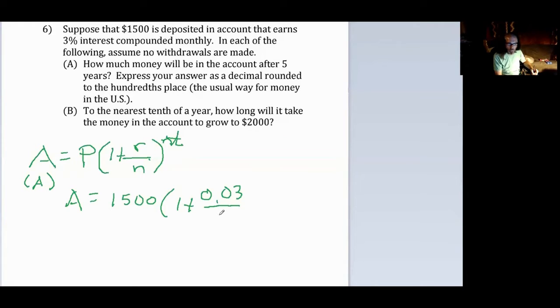It's compounded monthly, so N is 12. That 12 shows up again up in the exponent, and this is going on for a time T of 5 years. Notice how it's only N down here, where it's N times T up here. It's not just 12 here, and it's not 12 times 5 down here.